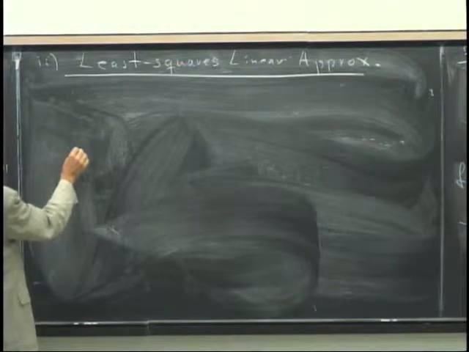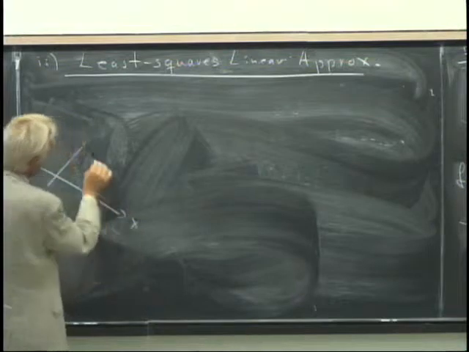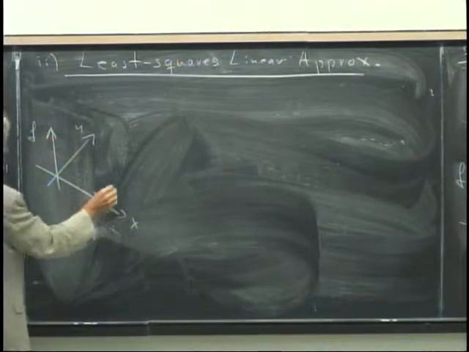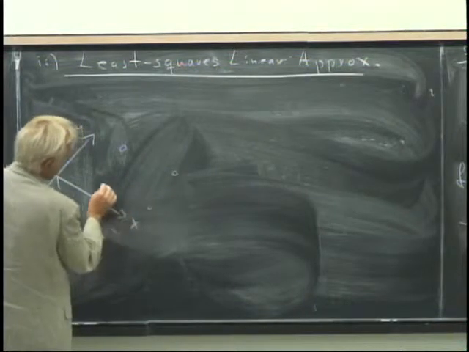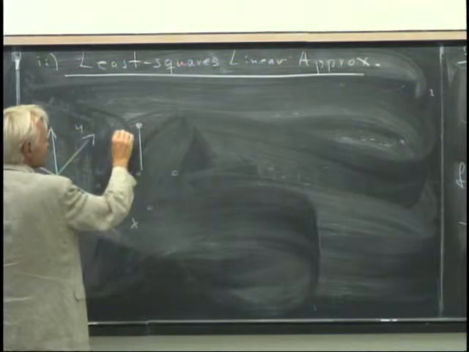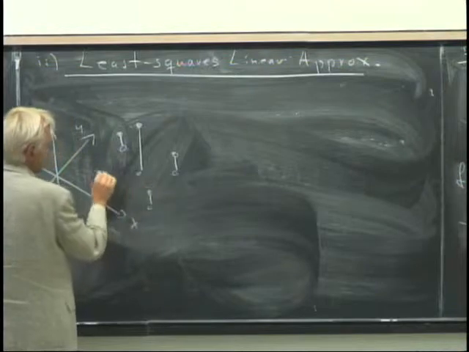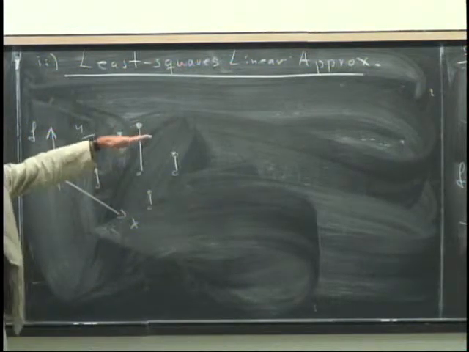What is our setting? Our setting is the xy plane and f values. We have a bunch of values here, and we want to construct the best possible plane for this.